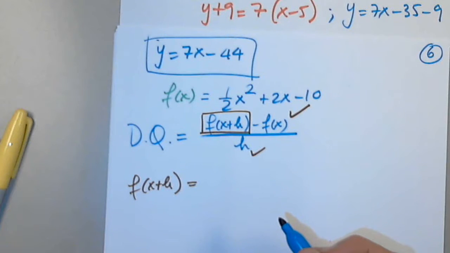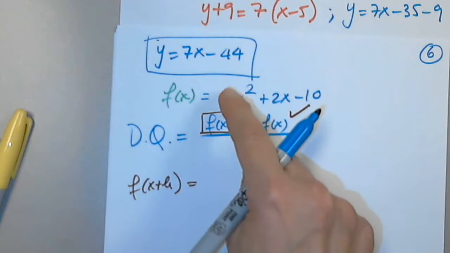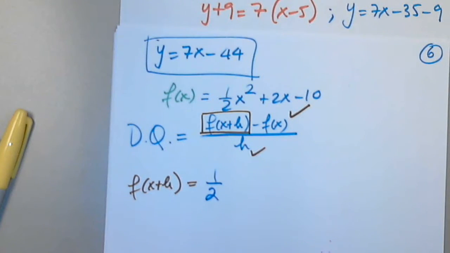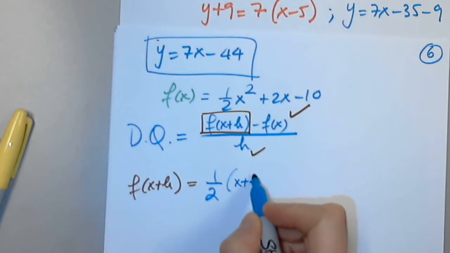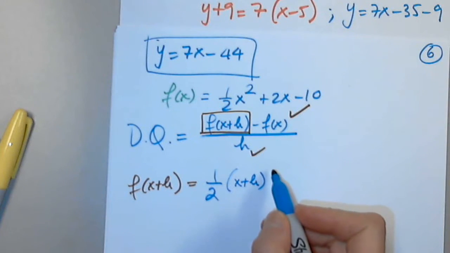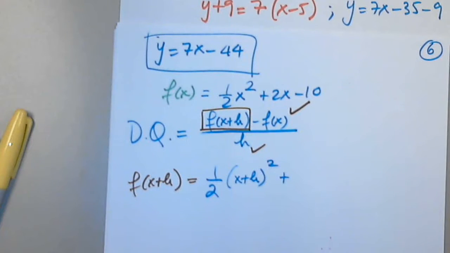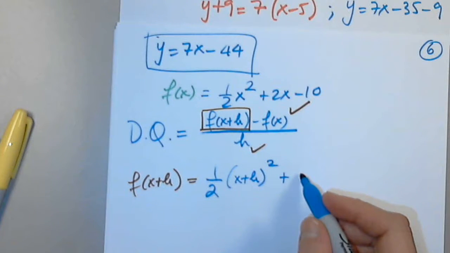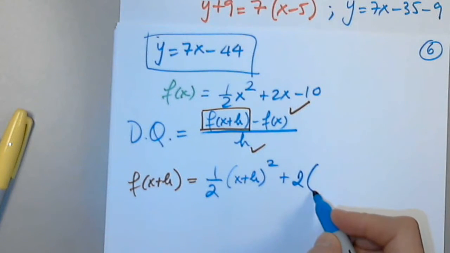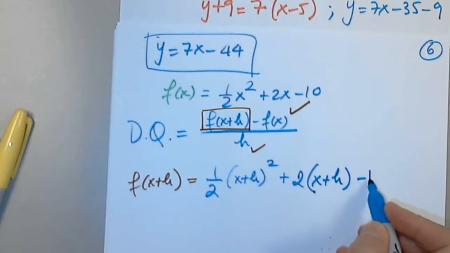So then can anyone dictate? I have to copy 1/2, and then what do I copy? Give it a shot. Plus 2 times x plus h in parentheses, and minus 10.